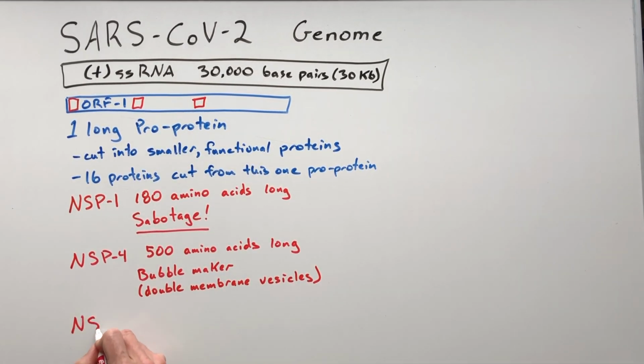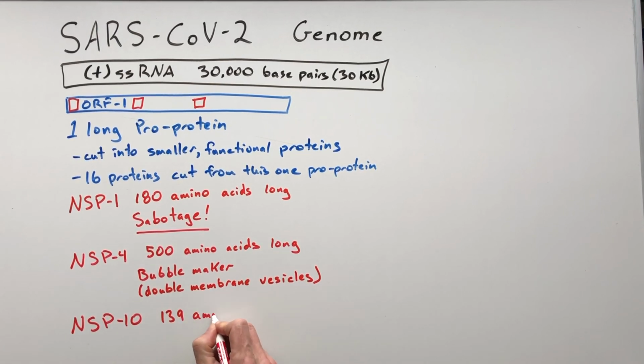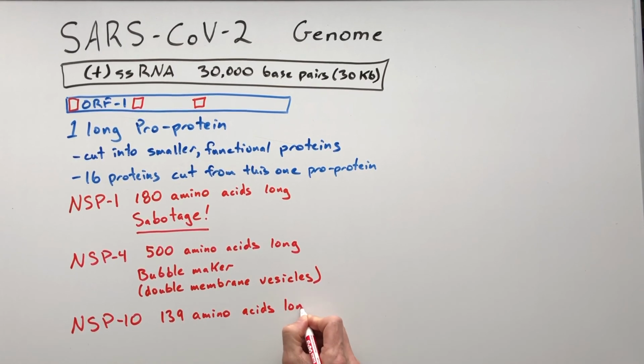It is about 139 amino acids in length, and it is a genetic camouflage protein. It serves to hide the virus genes from the host. Host cells often have a lot of antivirus protection, sometimes proteins that look for virus RNA and cut them up. And NSP10 somehow serves to hide the viral RNA from the host protection proteins.